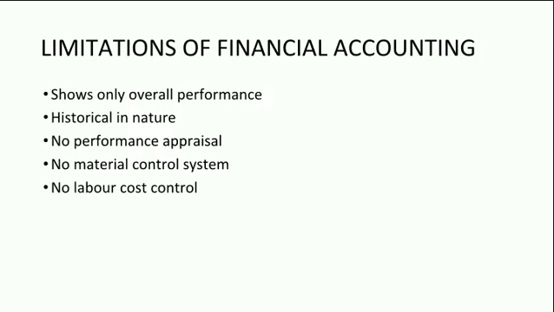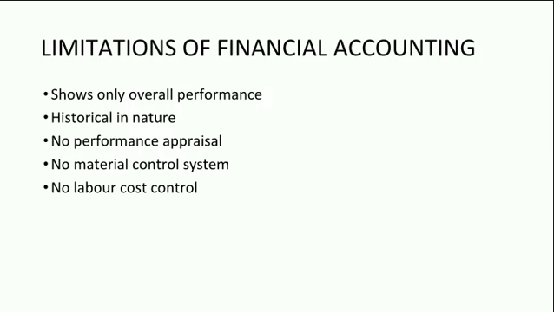This is the other limitation of financial accounting, which in the case of cost accounting is limited. In cost accounting, we have predetermined costs and we are well aware of the cost which will be incurred. There are various techniques of controlling cost which are not available in financial accounting.